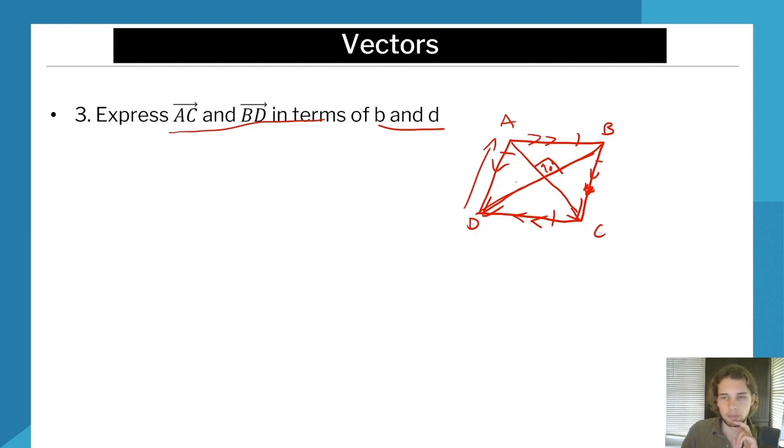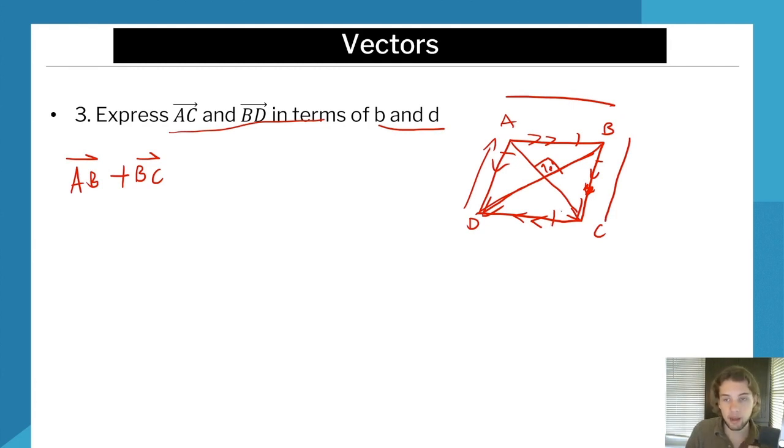So let's actually put these two vectors in terms where we can relate them to each other. If we want to do A to C, let's first just put it in terms of AB plus B to C. So we're saying we go along this side and then along that side, and that's where the vector ends up.